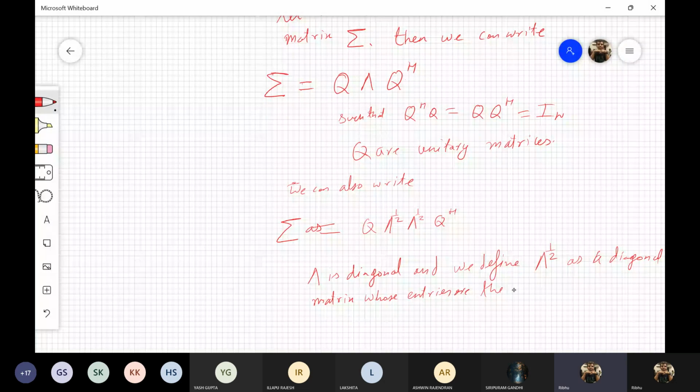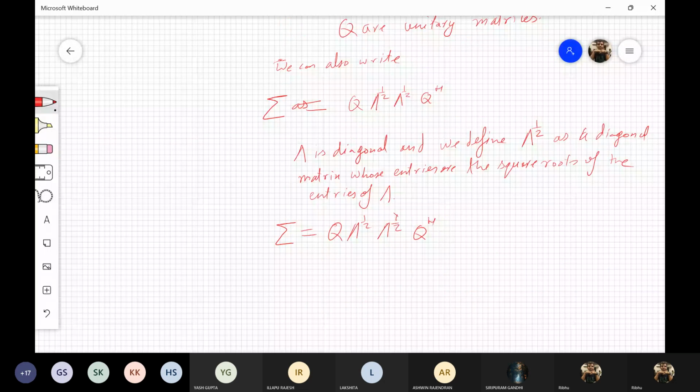Fine. So we can also write sigma equals Q lambda half Q Hermitian Q lambda half Q Hermitian.